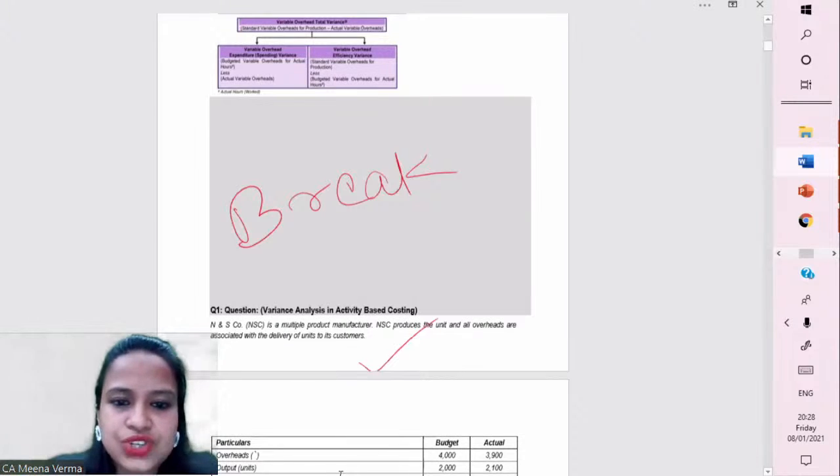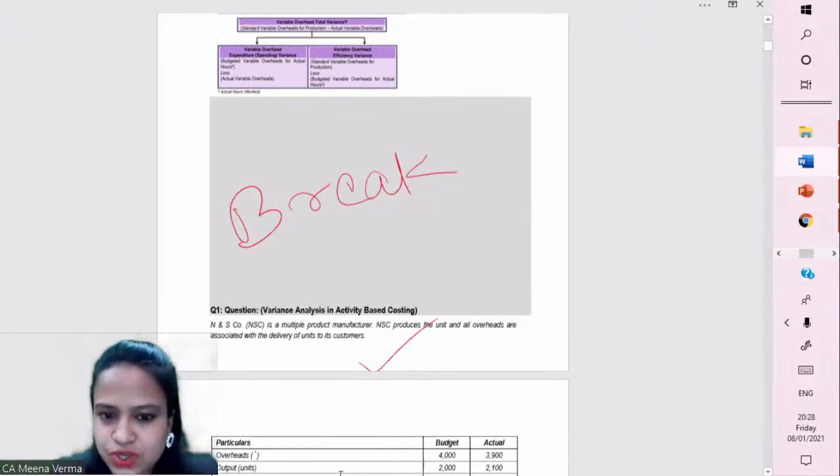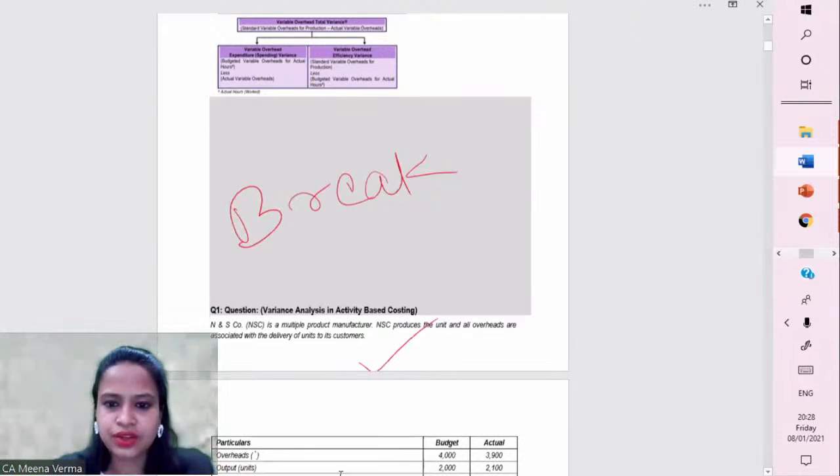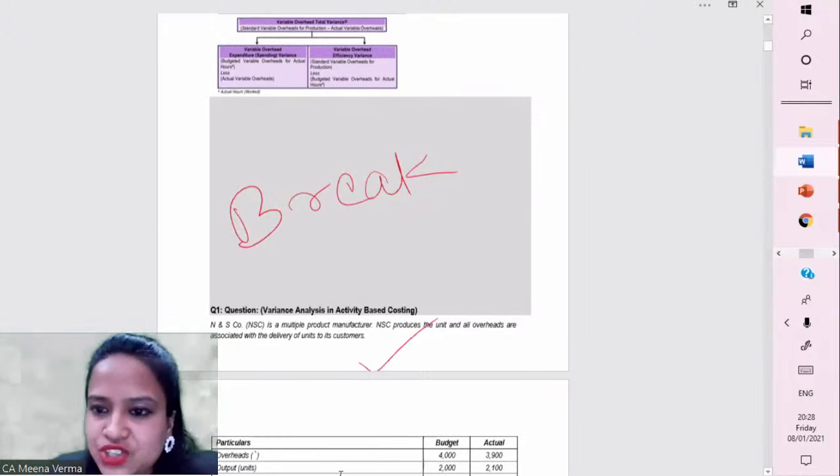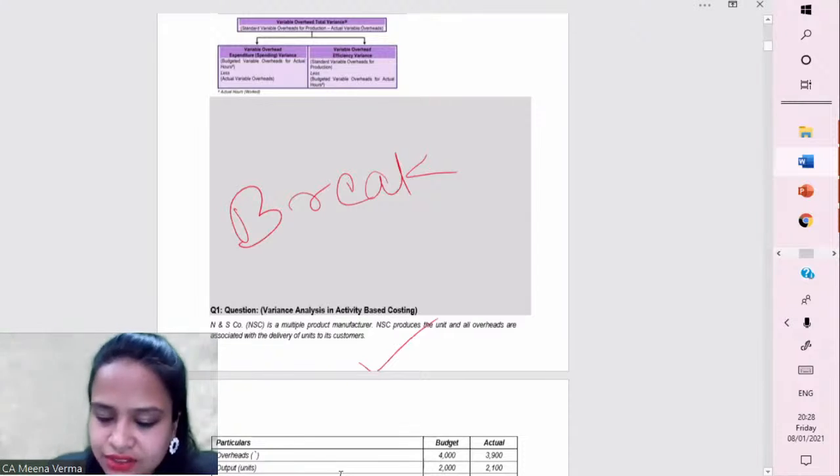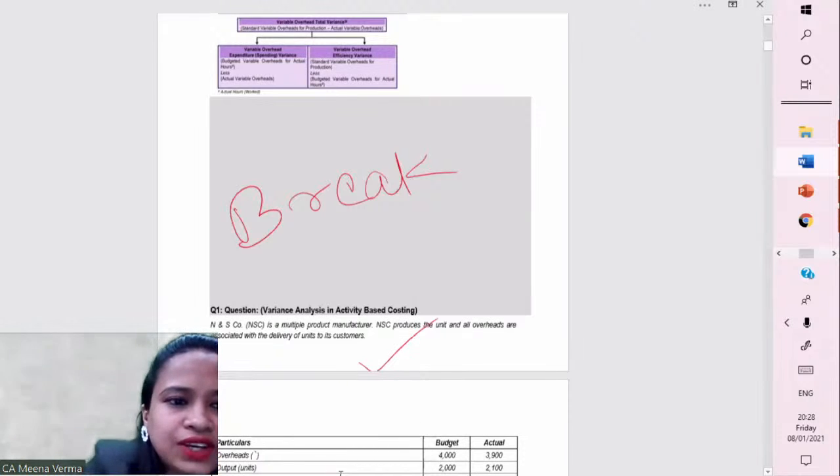Now we have a second question exactly the same, and this question I want you to do. The same question, but in this question we have to calculate the expenditure and efficiency variance for these three activities. We have this activity, this activity, and this activity.